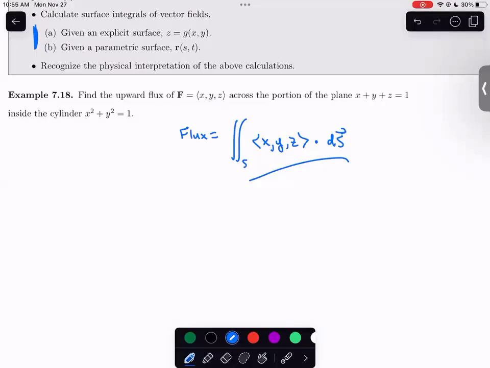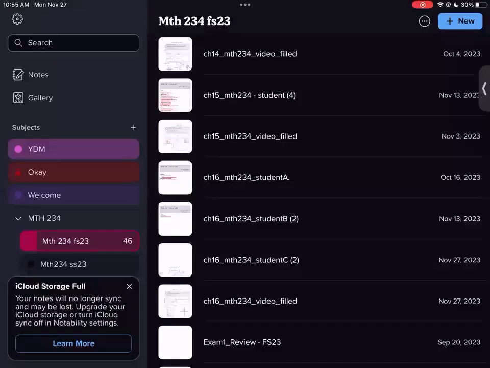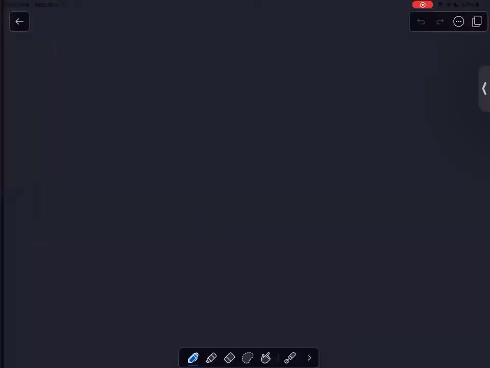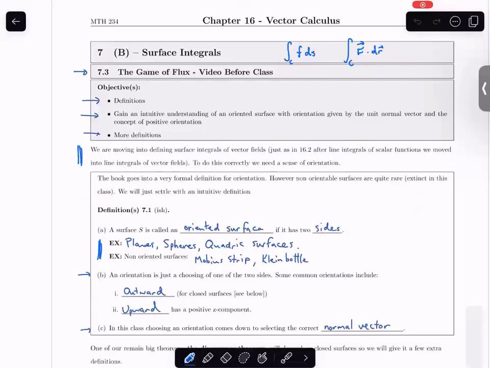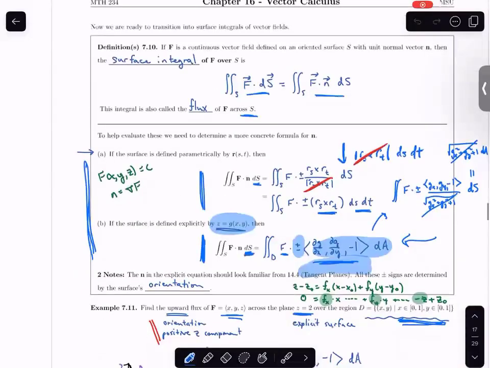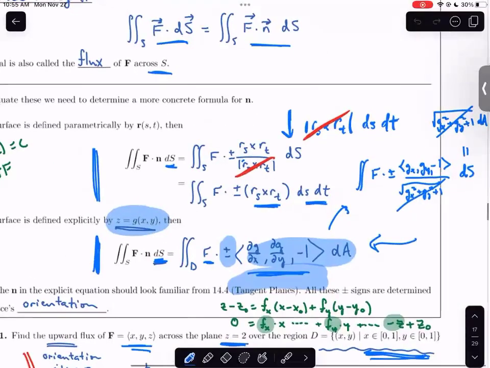All right, so this is what I want to evaluate. And again, if I jump back to my pre-class notes, we're now not talking about these surface integrals with scalar functions. We're talking about these surface integrals with vector fields. And when it comes to this, really there were two different formulas that we have.